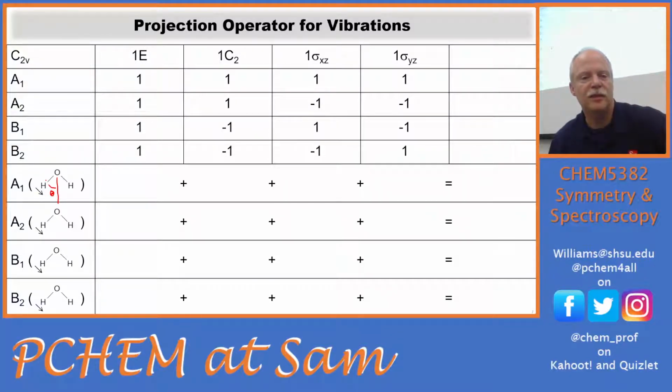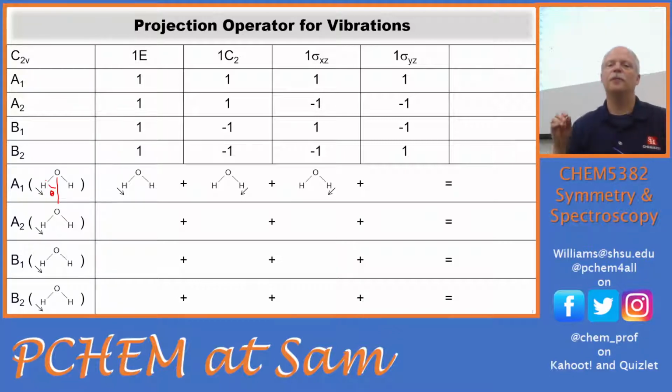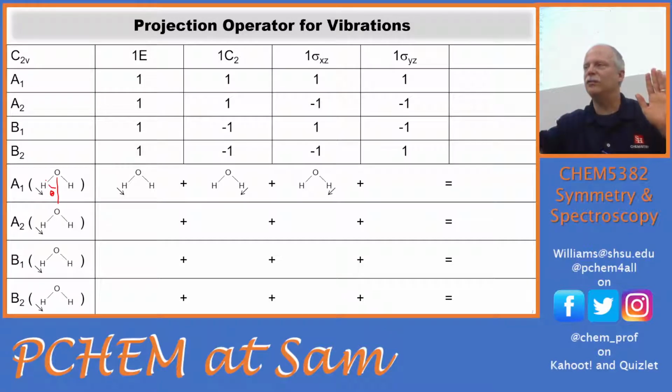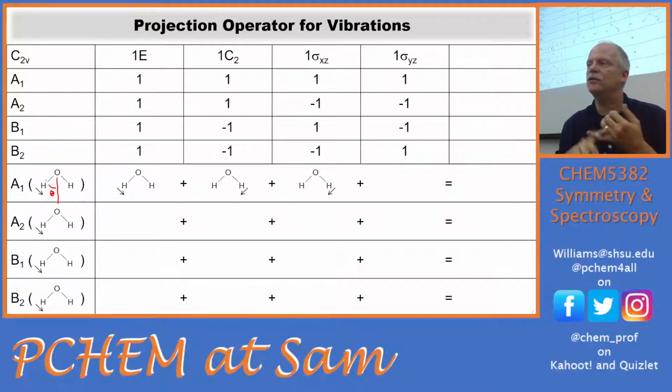And so we'll do this E, nothing changes. C2, it moves to the other hydrogen. And so this also illustrates a point. The character table is going to move the hydrogens and these arrows to all of the chemically equivalent places in the molecule. So we could use this for NMR too, of the spins of the nuclei.